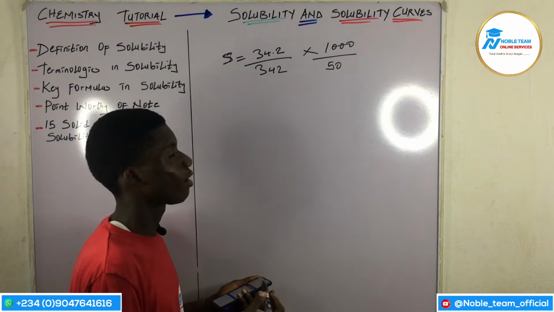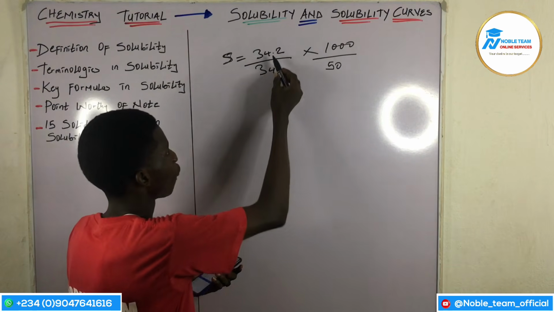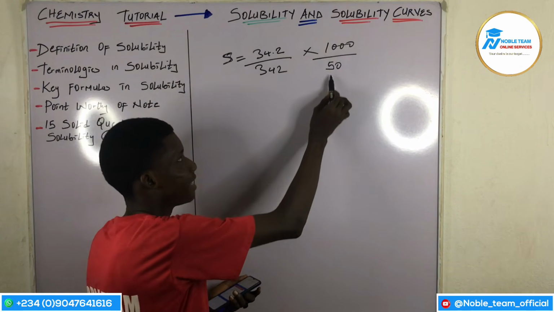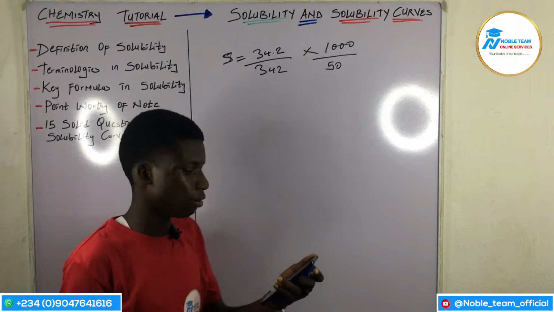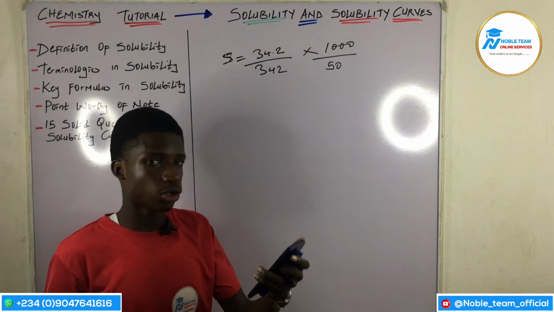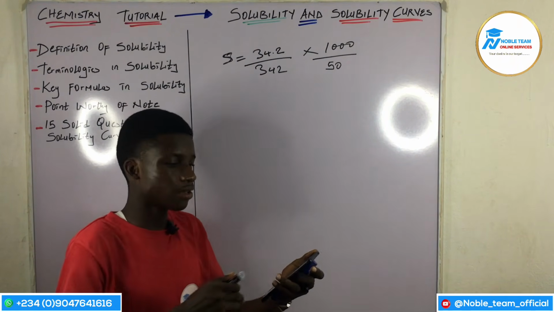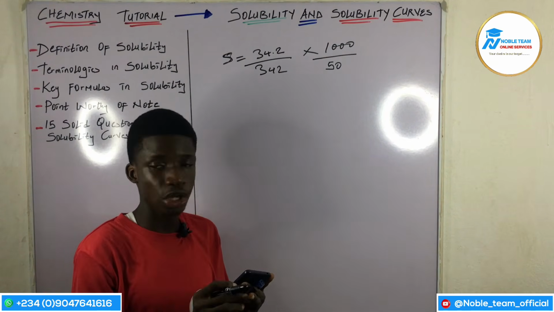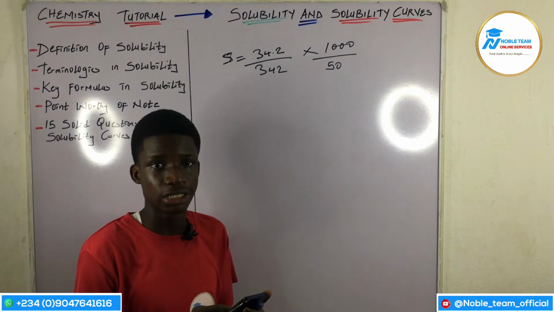Now what are we going to do here? This is how I normally solve mine: I first divide this, bring out the answer, then multiply. Let me get a calculator. The reason why I'm using my phone calculator is not that I don't have an engineering calculator.